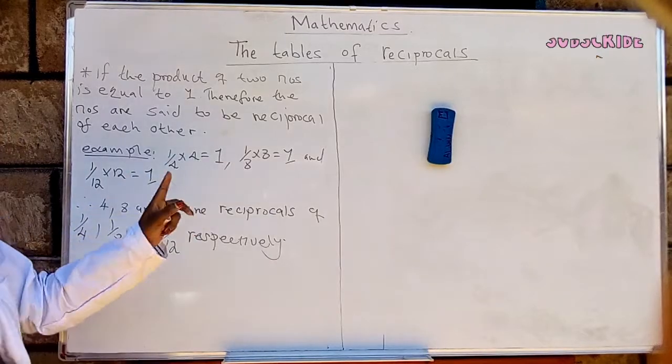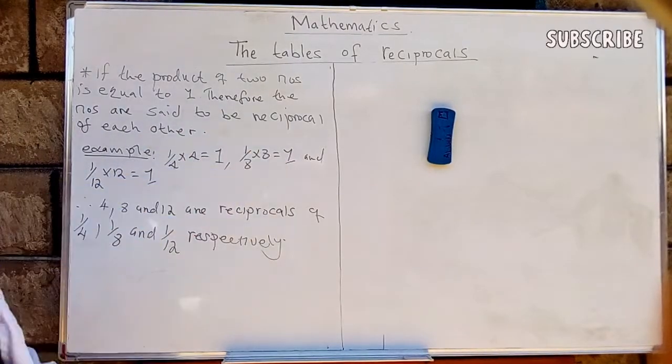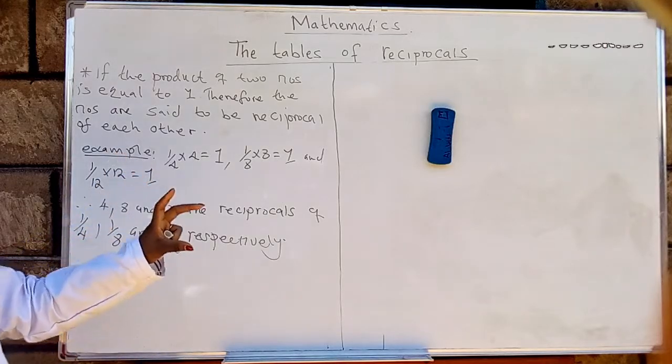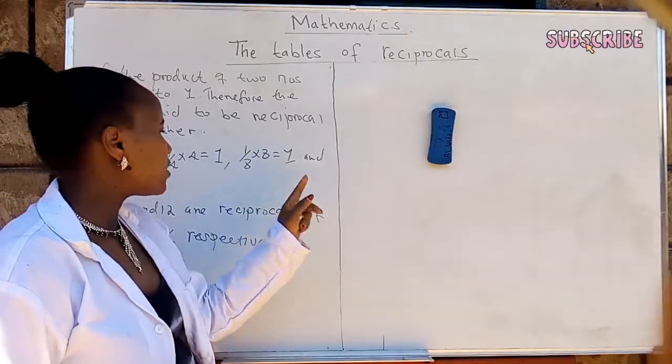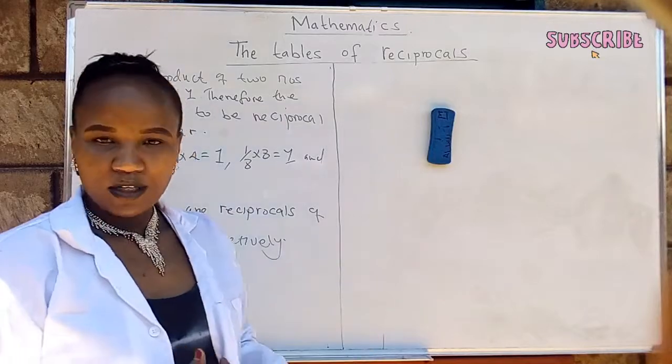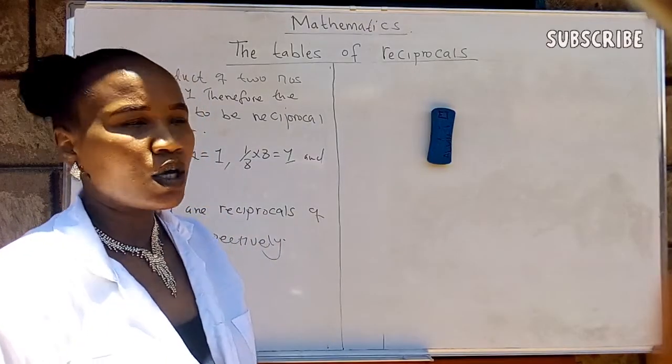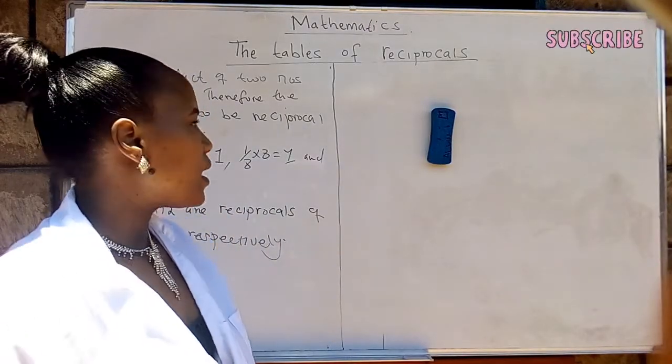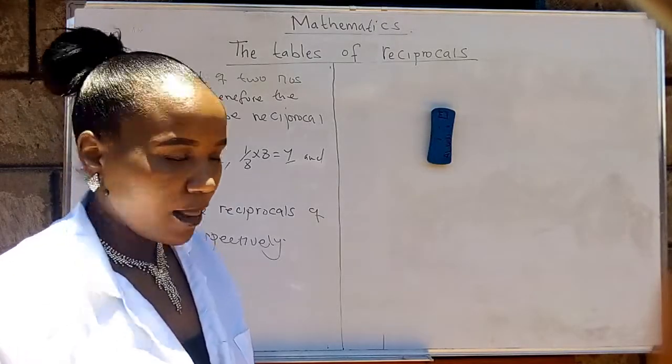This is because the product of these two numbers equals 1, and that is why we are saying that if the product of two numbers equals 1, then it means that those two numbers are reciprocal of each other.